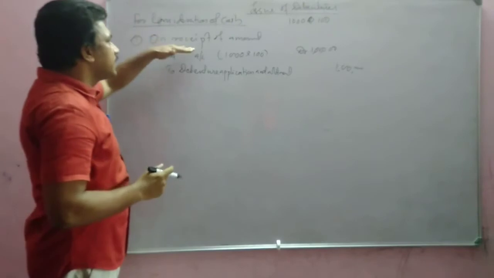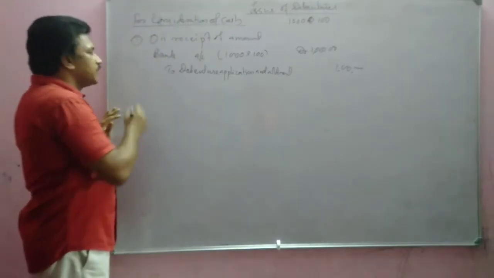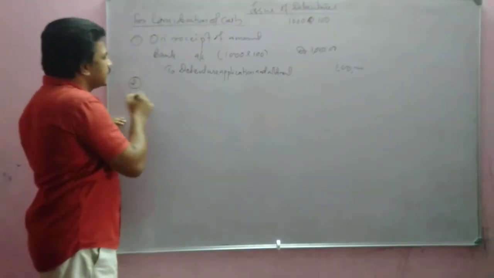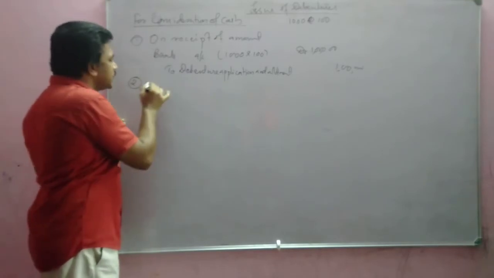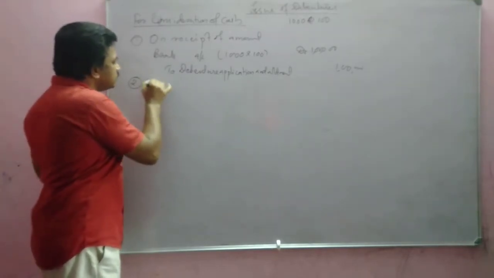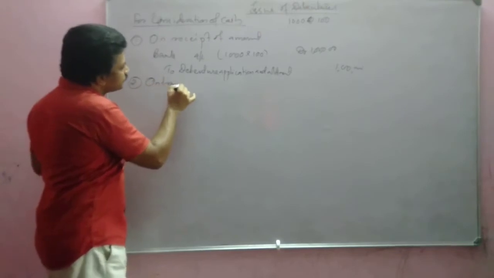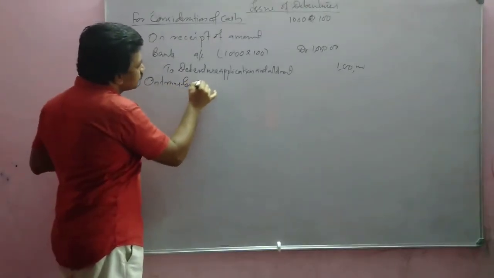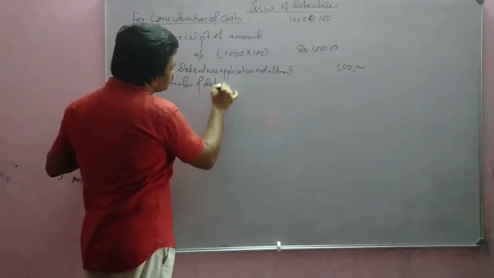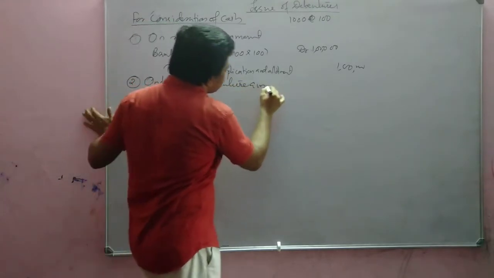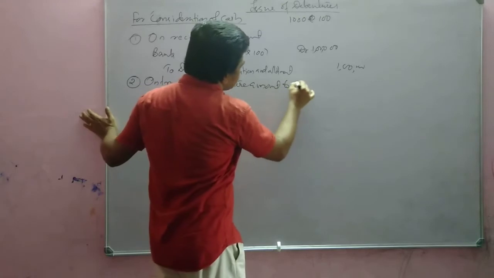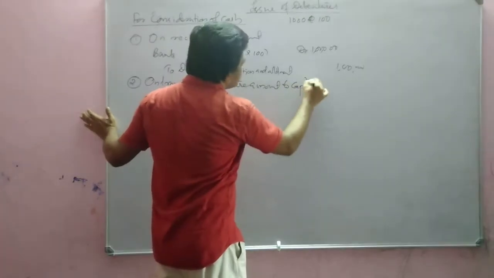So that is the journal entry on receipt of the amount. Then the second journal entry: this amount will be transferred to debenture capital, that means on transfer of debenture amount to capital.